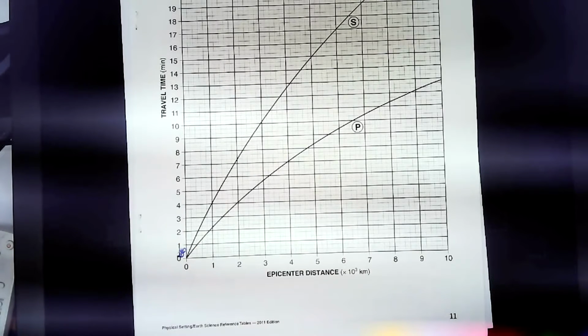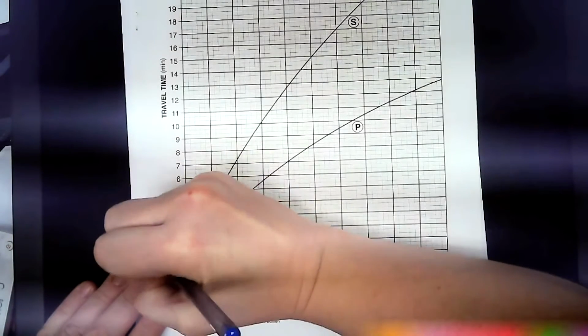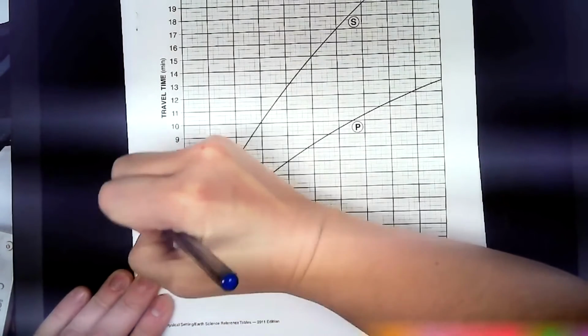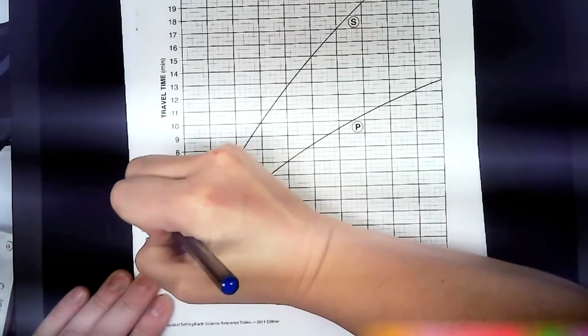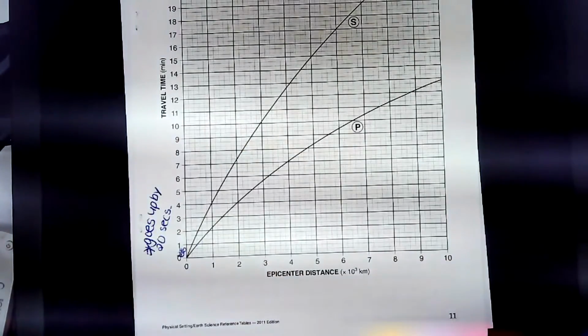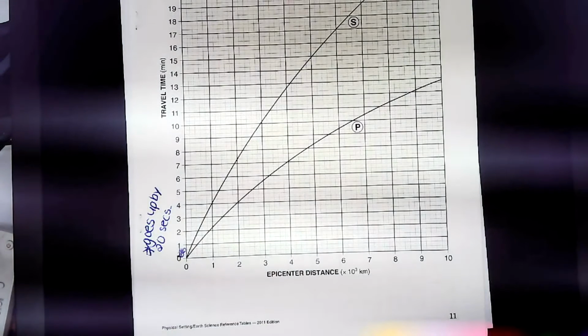Or maybe put a little note here: goes up by 20 seconds. However you want to do it so that you remember, because that is the first thing you're going to forget when you're doing these on your own: what the lines are going up by.